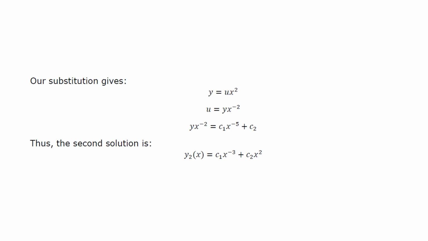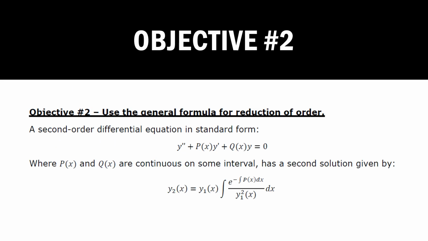But now we can generalize this into a formula that makes the process of finding our second solution just a tad bit simpler. So in our second objective here, we're going to use the general formula for reduction of order.